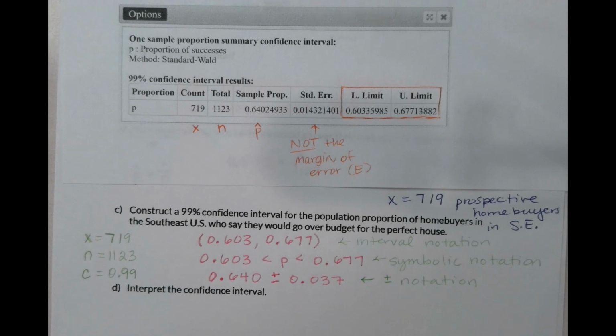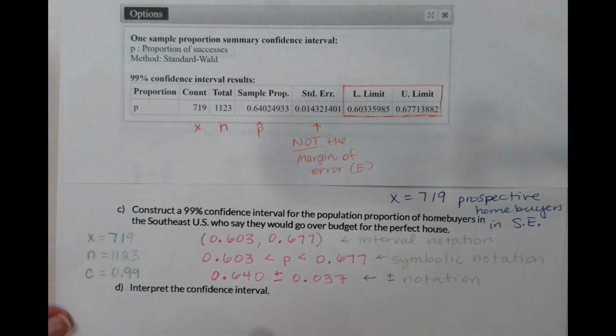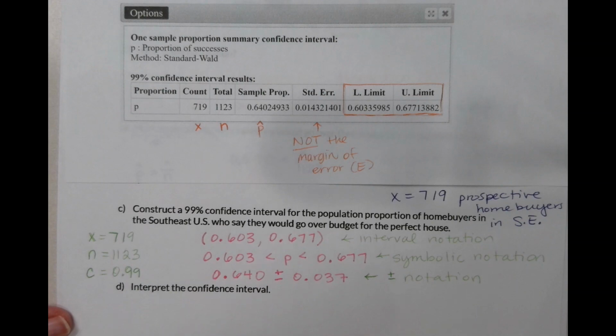Then we want to interpret our confidence interval. So there's kind of a cookie cutter interpretation that you can use. I personally like to use the plural first person. That's something that's commonly done in the math world.